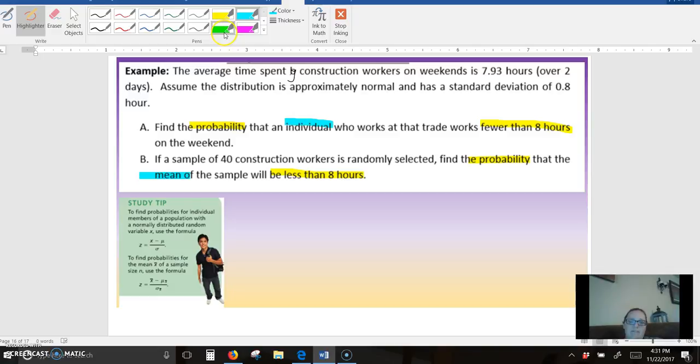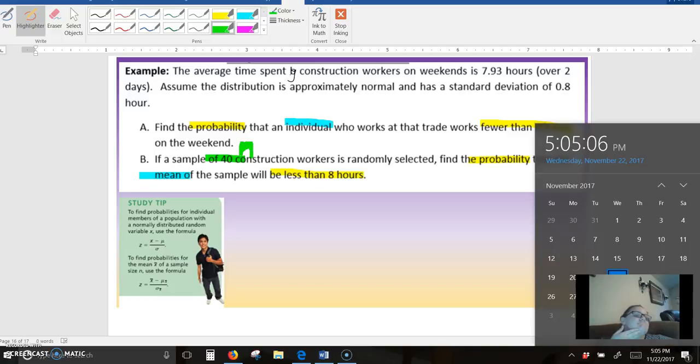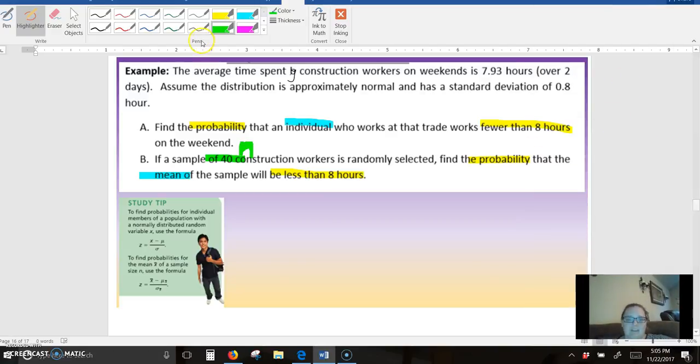Another difference is that on this one, it tells us n. It tells us n, and we need that because the new formula has standard deviation divided by square root of n. Because this is an individual, we're going to use that formula.